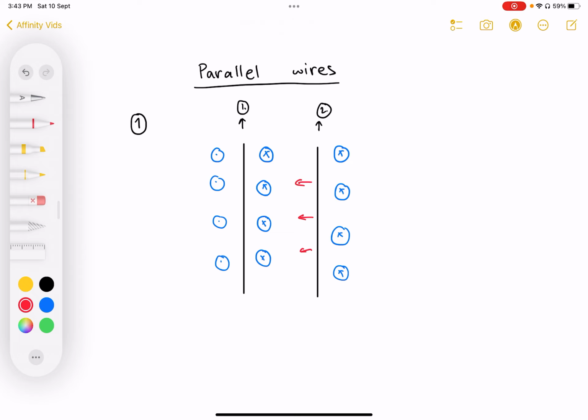But we also need to remember there's a current going through wire 2 as well, and that's going to generate its own magnetic field. Let's look at that over here as well. We have our wire 2, its current is going up, and so on the right-hand side of wire 2, we're going to be getting some more magnetic fields going into the paper.